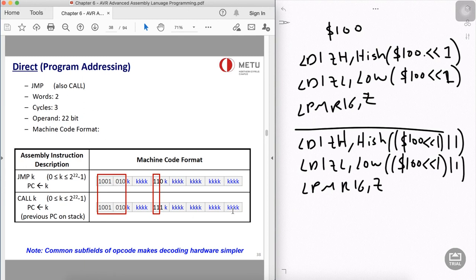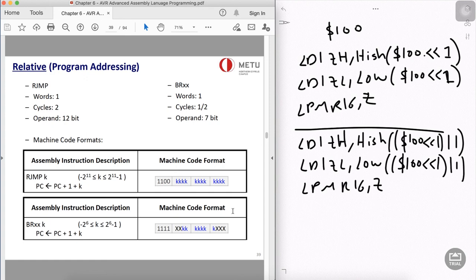And there is also relative program addressing, which the RJMP and the branch instructions belong to. It's 1 word and 2 cycles again. The operand is 12-bit. So they have to have the program counter + 1 plus the operand, which we already saw with how they are operating using the program counter.